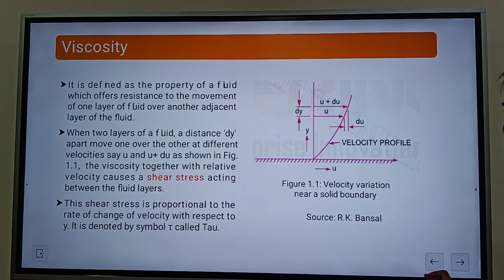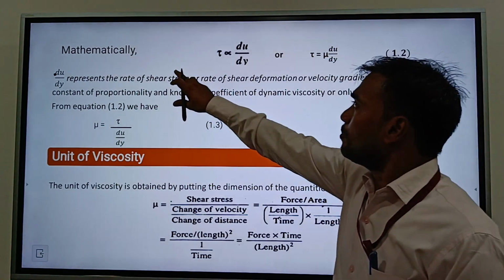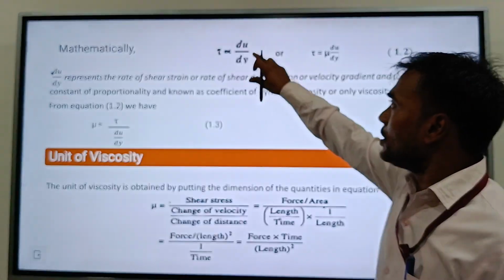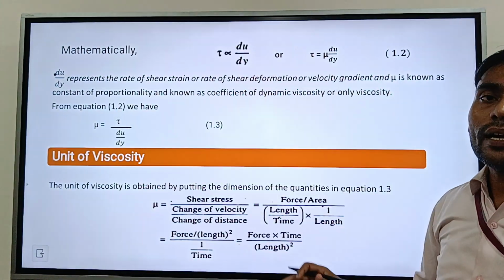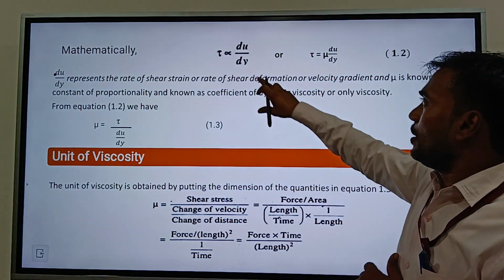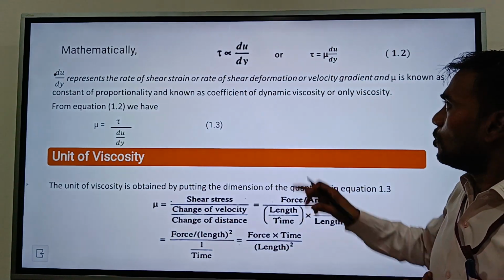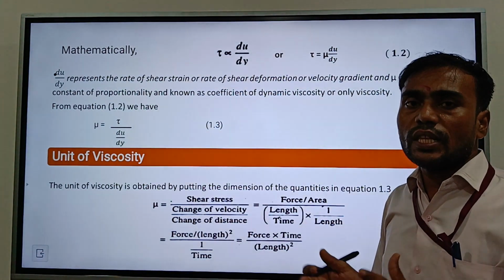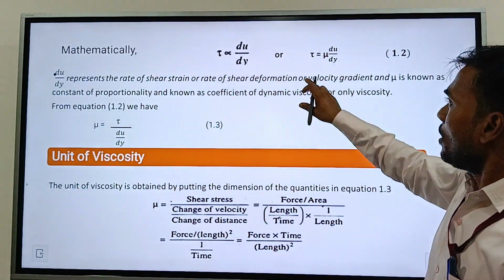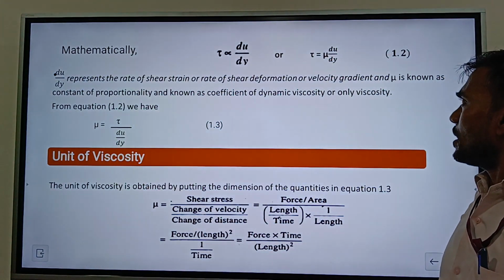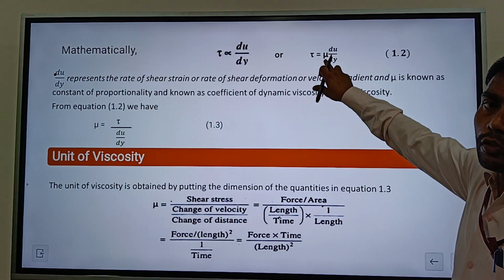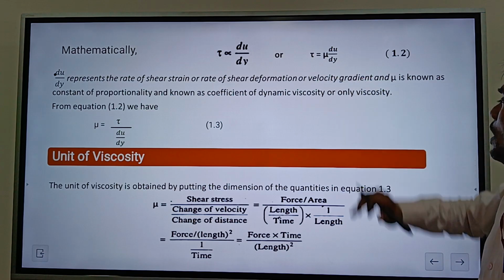So mathematically, tau is proportional to du by dy. du is the change in velocity and dy is the change in depth. So du by dy represents the change in velocity with respect to depth, or we can write, sorry, tau is equal to mu du by dy.